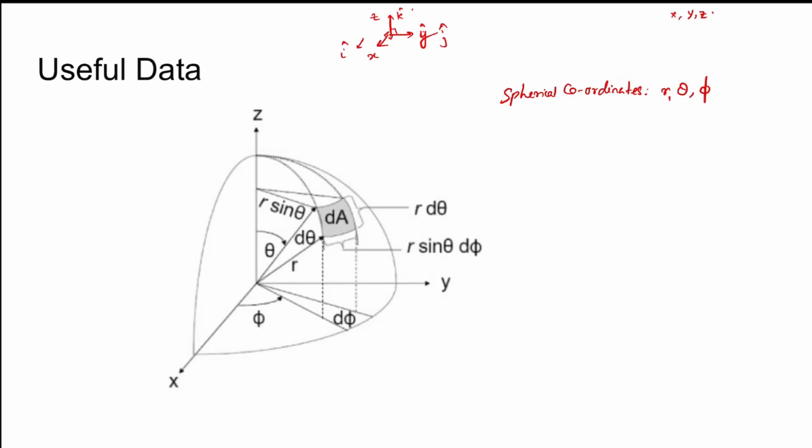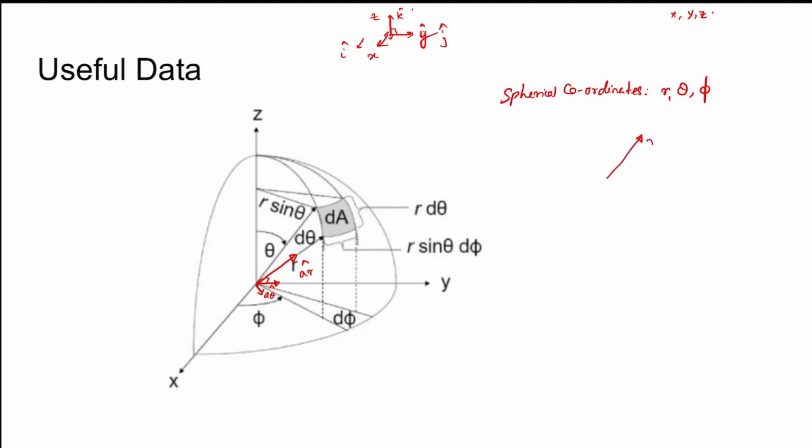Similarly, in spherical coordinates, this is r, and a r cap is the unit vector in the radially outward direction. Then you have theta. Can you imagine? That is the angle; you draw the tangent like this, and you have a theta cap, and this is 90 degrees, and this is also 90 degrees.